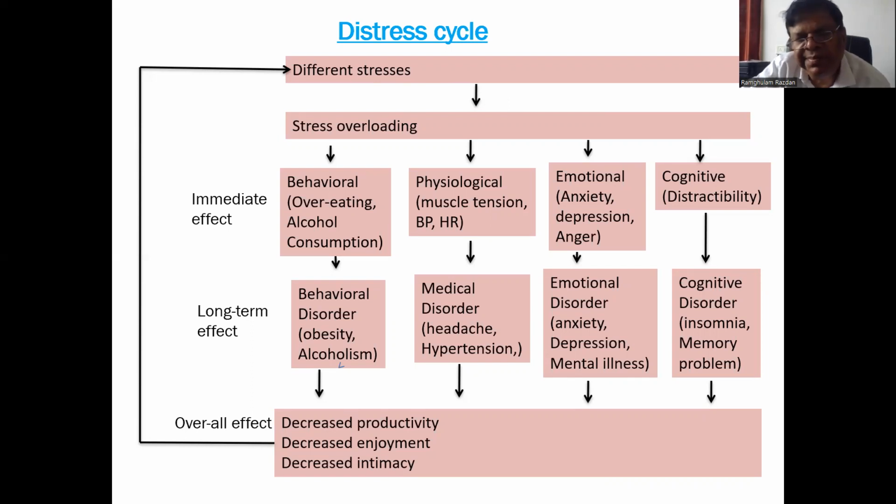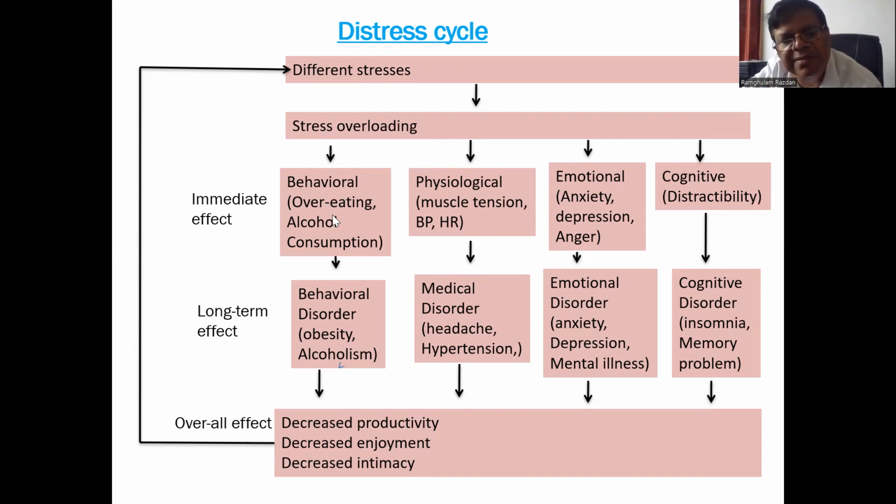In the Corona period, non-availability of treatment was one of the biggest stresses, with a feeling of apprehension about what may happen if they are not getting treated. If the stresses overload, then their immediate effect is on the behavior, physiology, emotional and cognitive areas of a person.